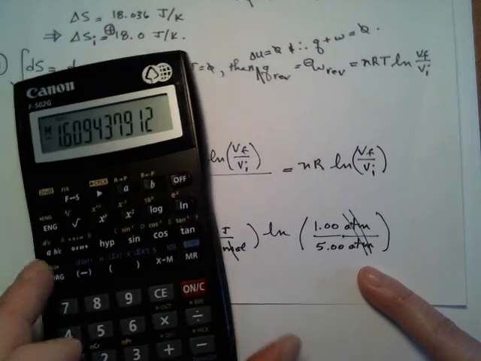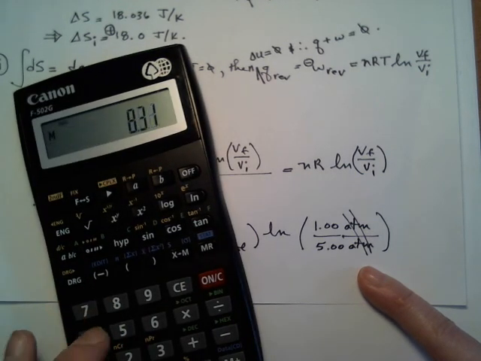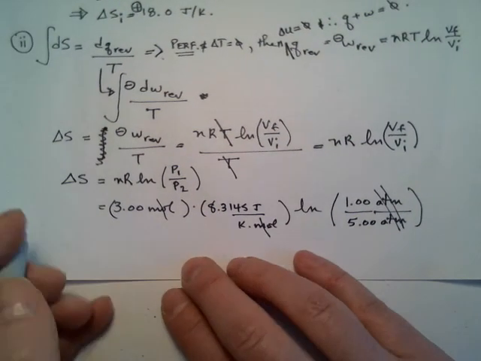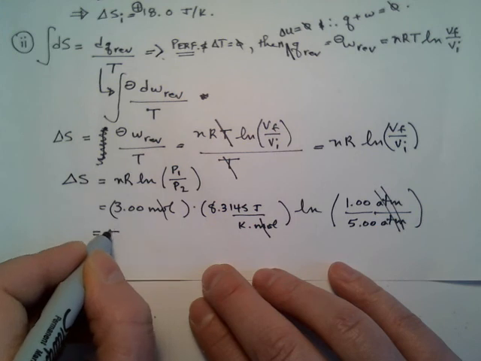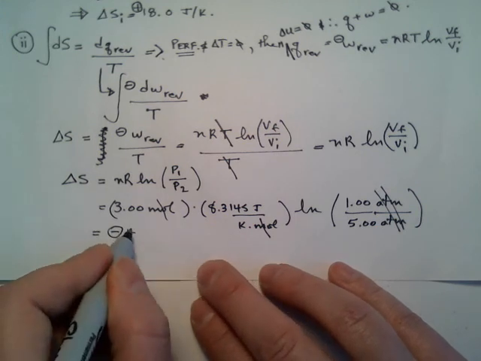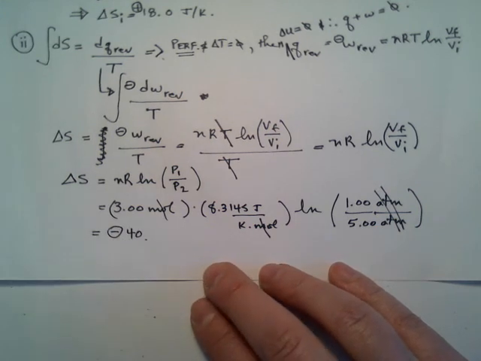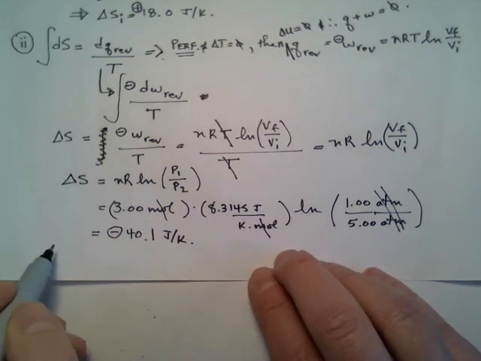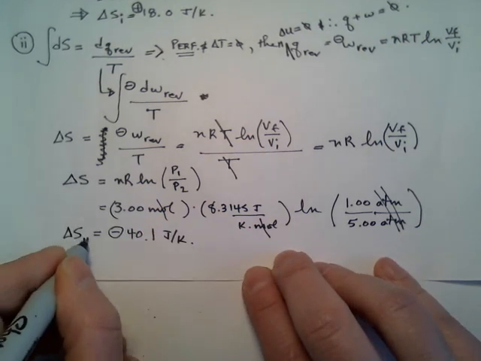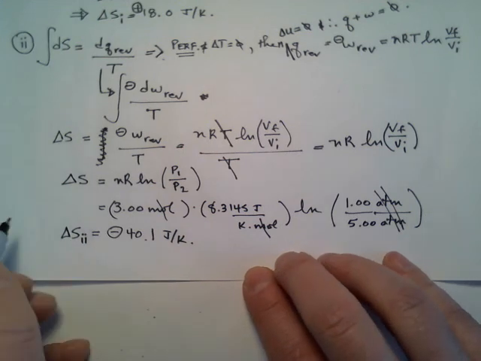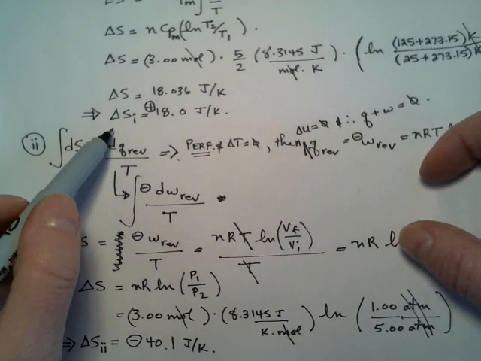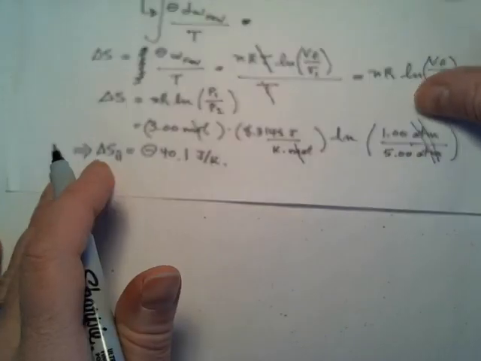Right, I forgot what the answer was, so I'm going to do it again. Times 8.3145 times 3. So this delta S is equal to a negative 40.145, so I'm going to report that to 3 significant figures right away. 40.1 joule per Kelvin. Now I'm going to add that extra label that we had. Let's pull down the 18 from up here and add them together.